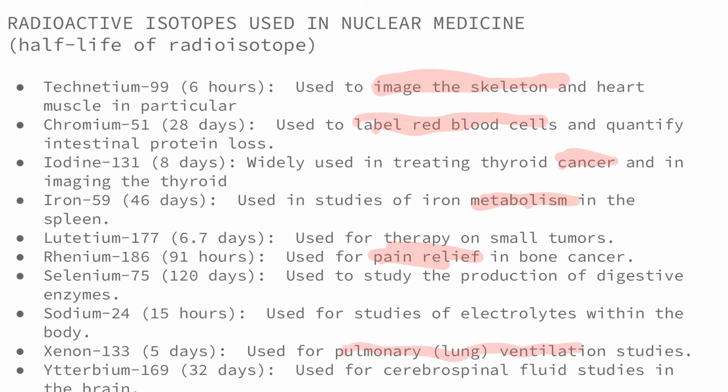Lung ventilation studies. I bet that's going to be really common right now with the COVID virus affecting the lungs. So there are so many uses, not only in medicine. So most of these are in medicine, but in all fields of science. So isotopes are very important, and so hopefully this base level of understanding can help you as you continue studying different fields of science.